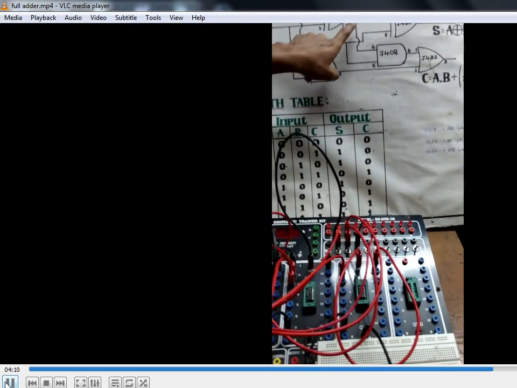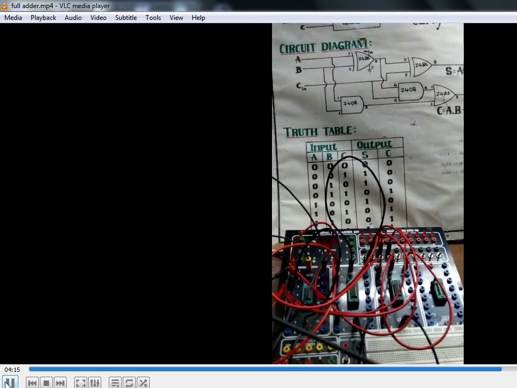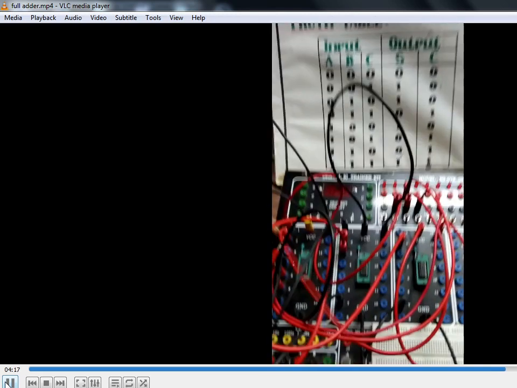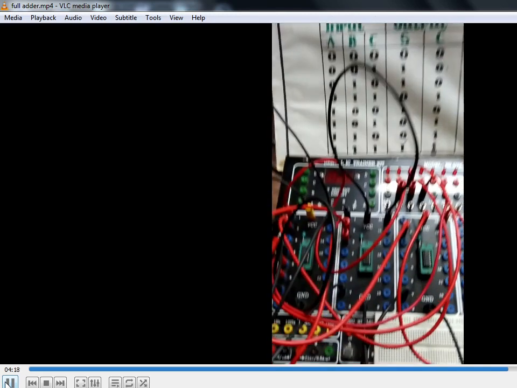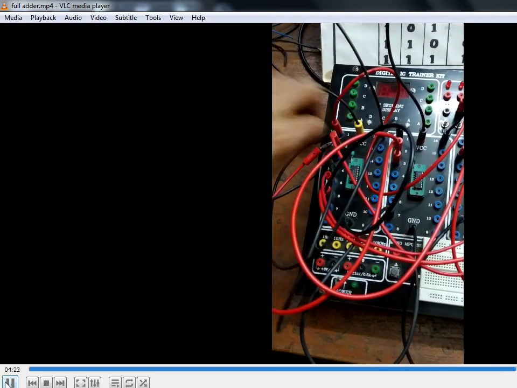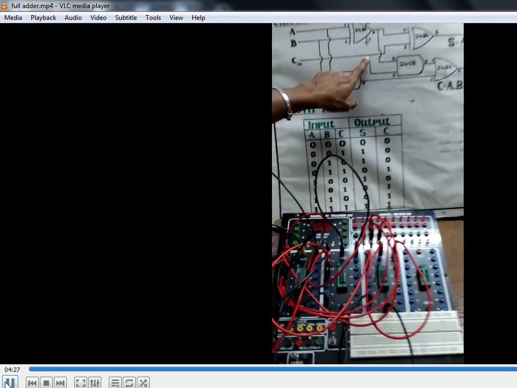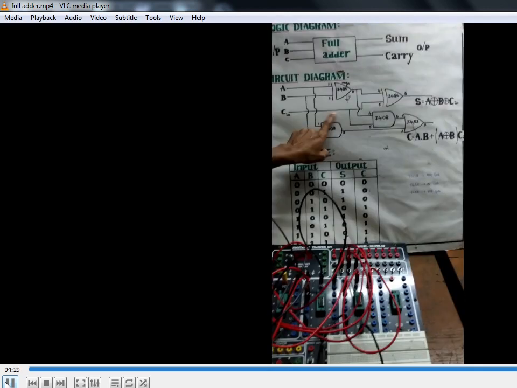Pin number 3 of XOR gate is connected to pin number 4 of AND gate. Pin number 5 of XOR gate is connected to pin number 5 of AND gate.